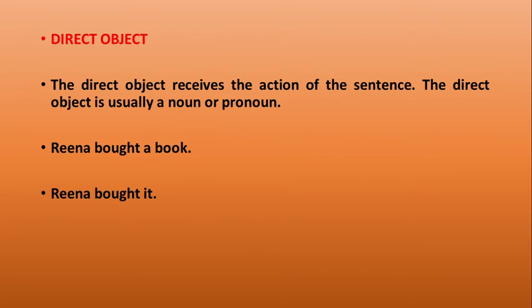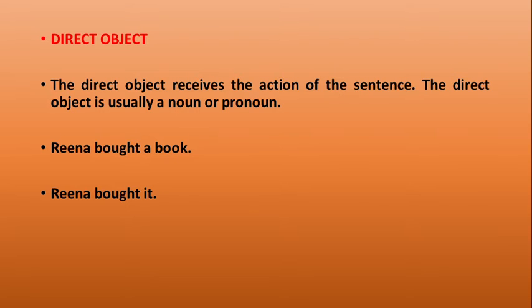Another part of sentence is object. There are two types of object, direct and indirect object. The direct object receives the action of the sentence. The direct object is usually a noun or pronoun.